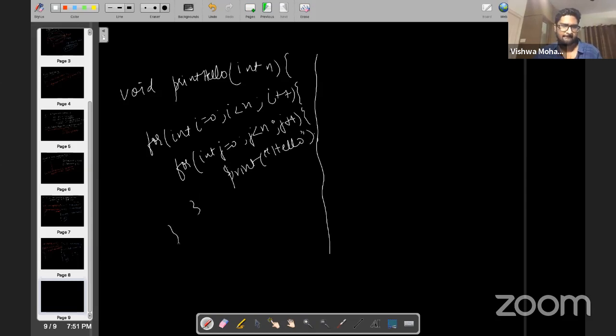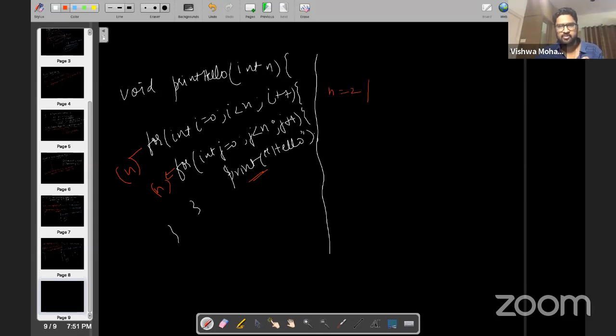For each value of n, the outer loop runs n times, and for each iteration of the outer loop, the inner loop also runs n times. So effectively the number of times hello gets printed is n square times.